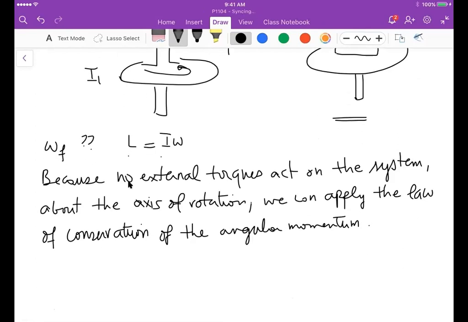And so we can say that L is equal to a constant. That means that L at the initial time is equal to the angular momentum at the final time.